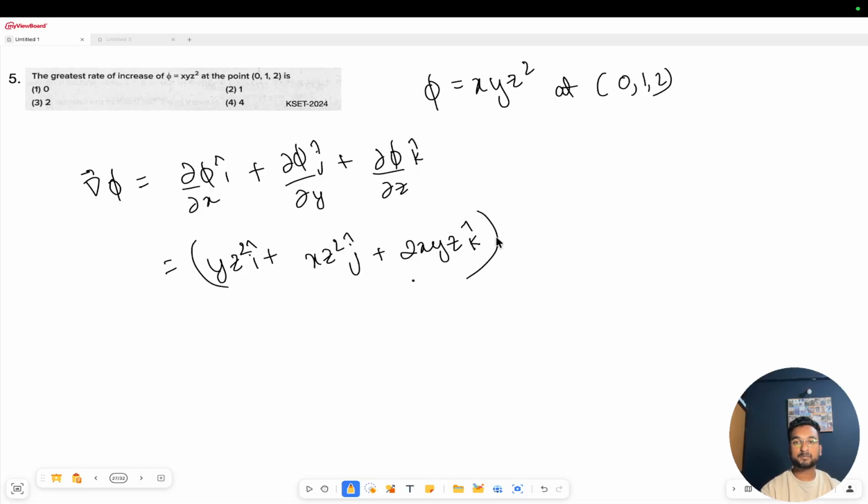And this is asked at point 0 comma 1 comma 2. So substitute these values. Wherever x is there, that term will go to 0. This term will also be 0, since x equals 0. So these two are gone. Only this term is left. Y equals 1 and z equals 2. So this will be 4 I cap, 2 square and y is 1.